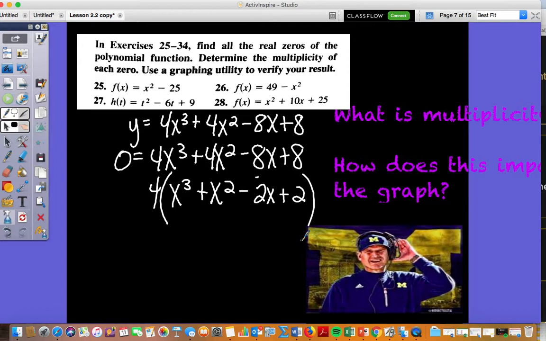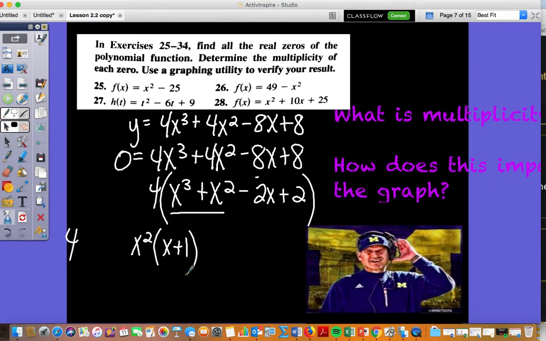Okay, there are 4 terms, so this is a little bit tough. Can I take anything out of the first two that's in common? I could take out an x squared, leaving me with what? x plus 1.